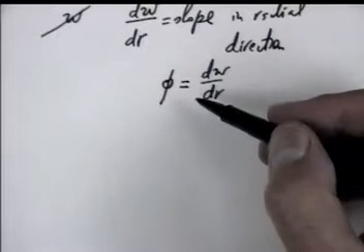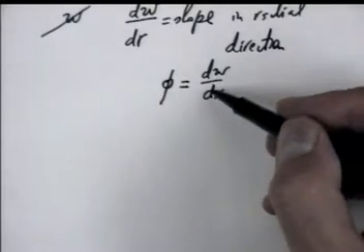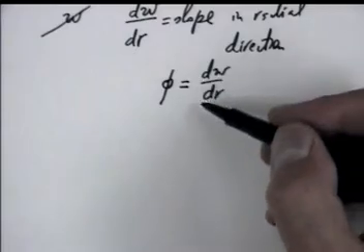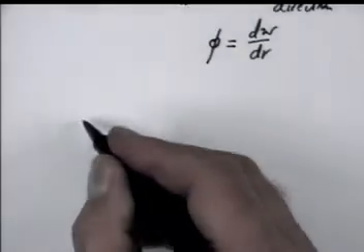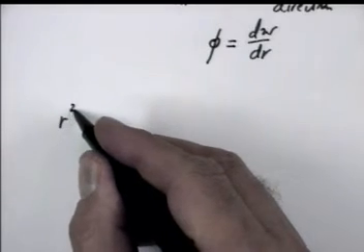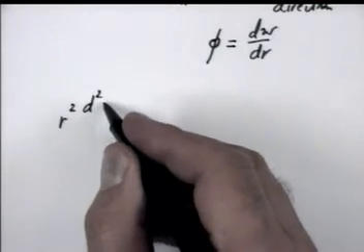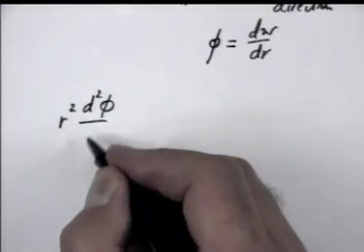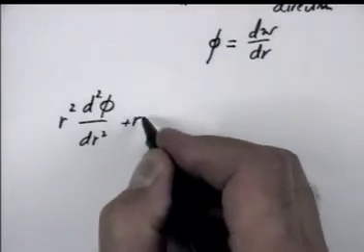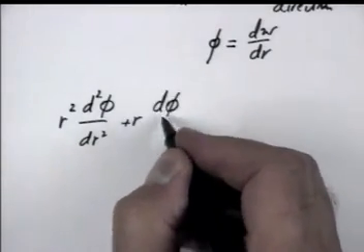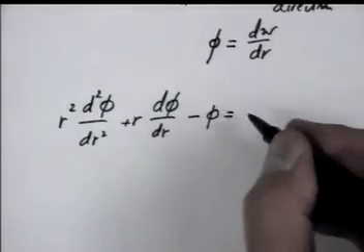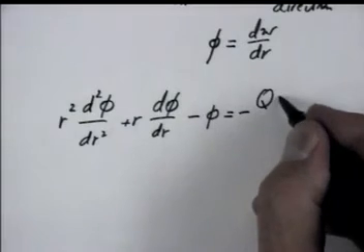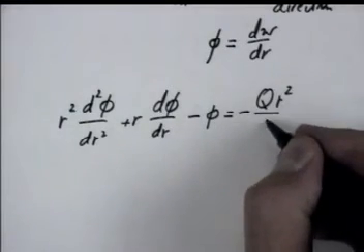Because the order of the differential equation will be less, not fourth order. So what he writes is as follows: r squared d2 phi dr squared plus r d phi dr minus phi equals minus q r squared over D.